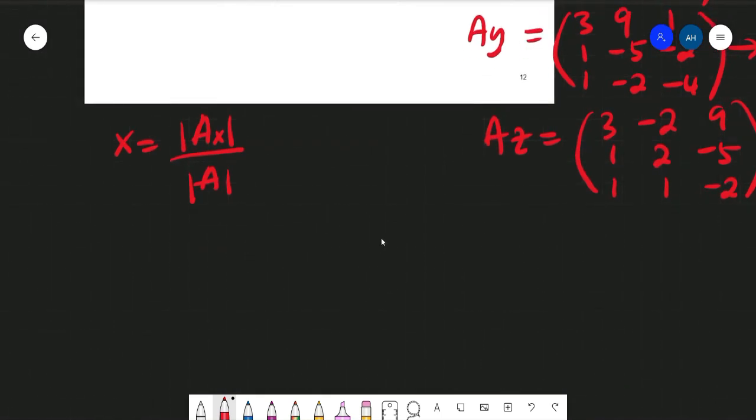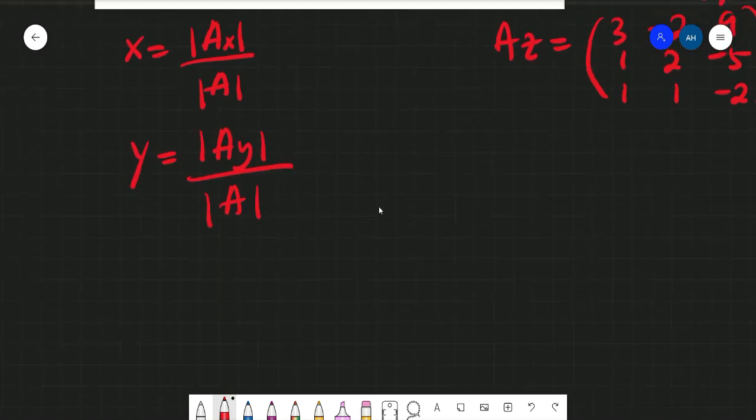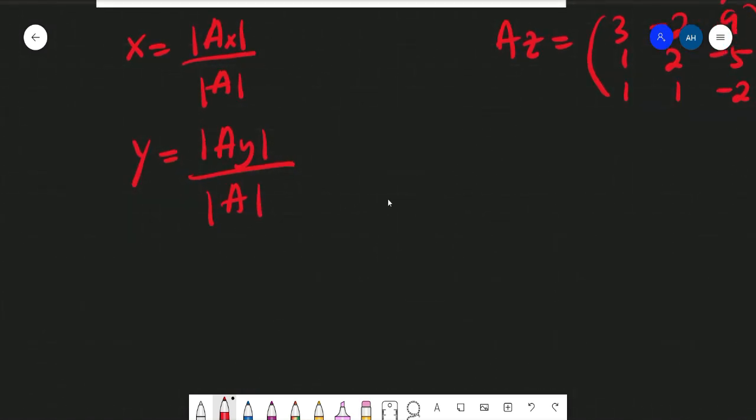For variable y, we divide the determinant of AY by the determinant of A. For z, we divide the determinant of AZ by the determinant of A.